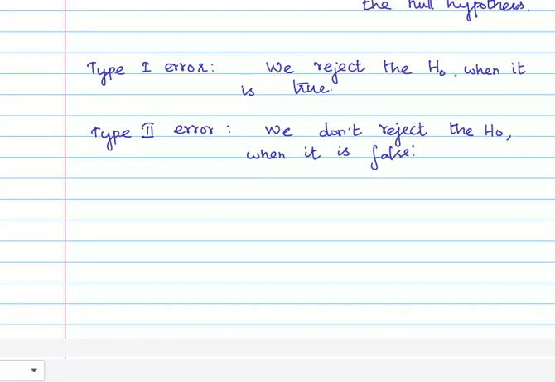So in the null hypothesis, we have the type 1 error and the type 2 error.